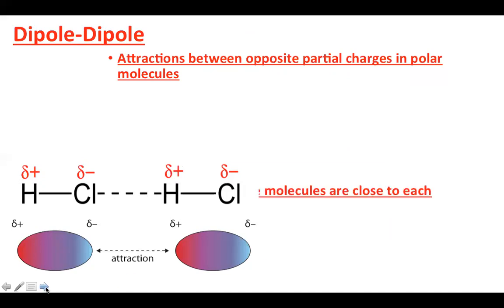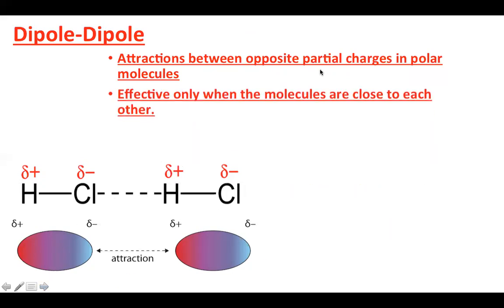And in these cases, the opposite ends of those partial charges are going to be attracted to one another. So if we're looking at HCl and HCl, the chlorine part of one of the molecules would be attracted to the hydrogen part of the other one.